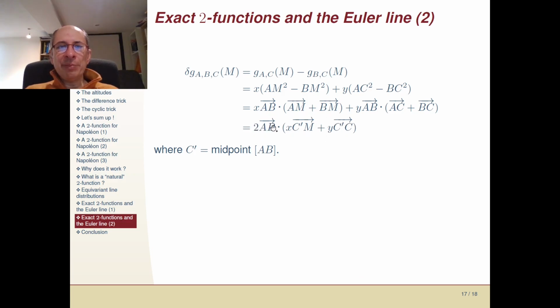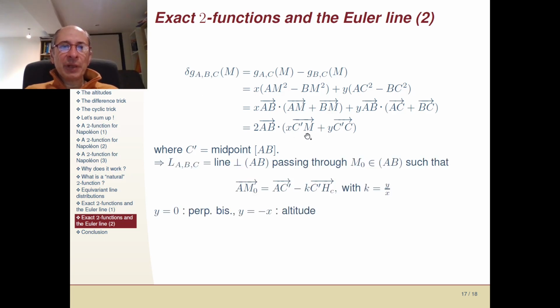So it's 2AB dot x C prime M plus y C prime C. So the zero set of delta G is a line because this vanishes for the points M which belong to a line which is perpendicular to AB and which goes through the point here which I will call M0, which belongs to AB and satisfies this dot product equals 0.